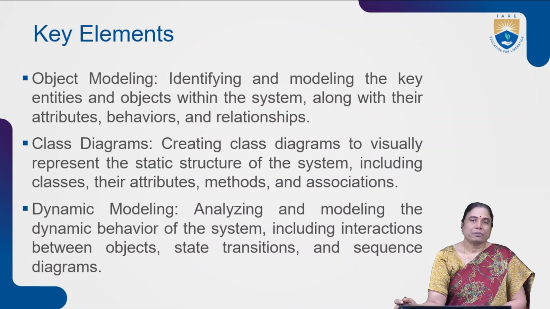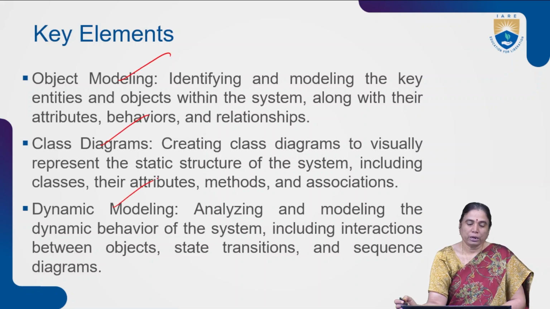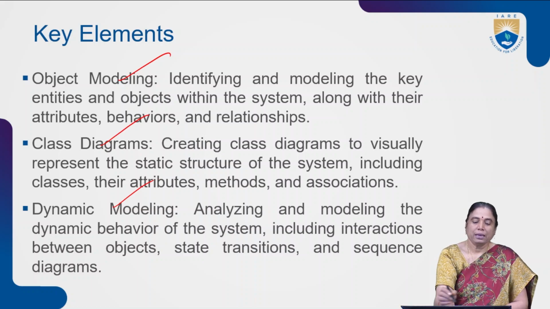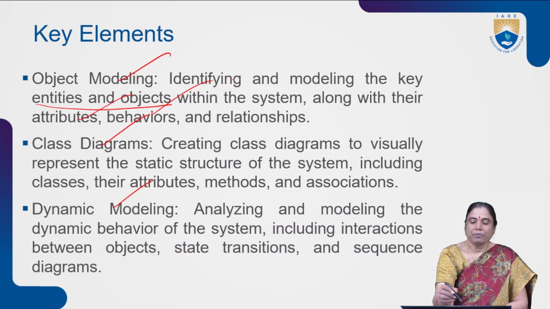The key elements of the Grady Booch approach are object modeling, class diagrams and dynamic modeling. In object modeling, we identify the key entities or objects within the system along with their attributes, behavior and relationships.